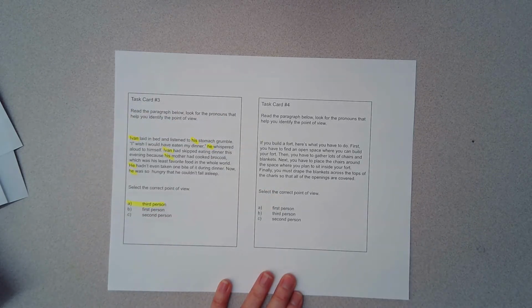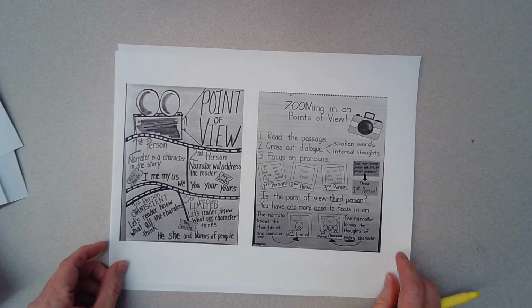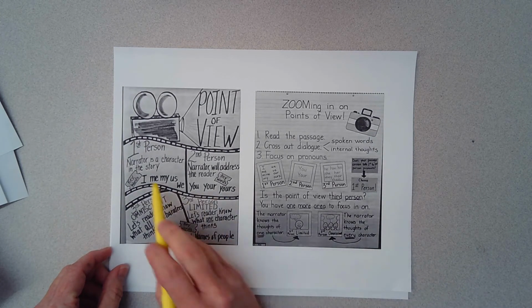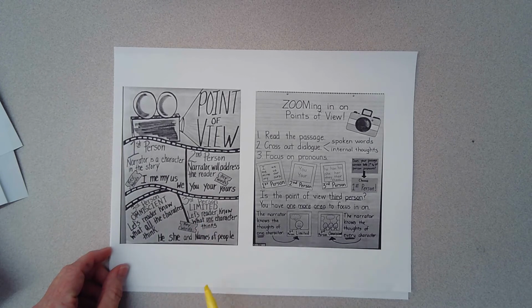Great job. And it's okay when you're doing these task cards this week or when you're in class to go back and look at the anchor charts. Miss Mays and Miss Rubio and Miss Brown usually put anchor charts with these assignments. Go back and look at those. Use your resources.